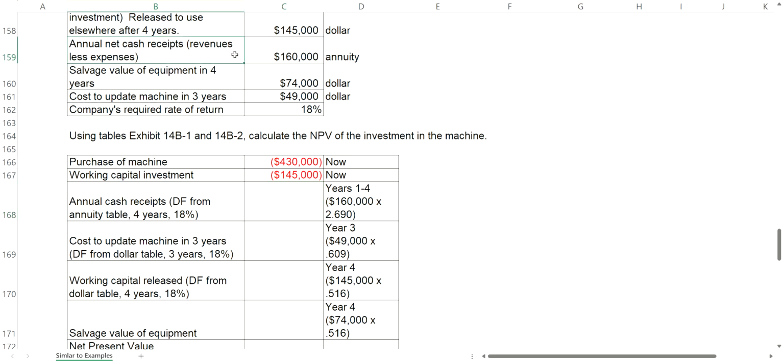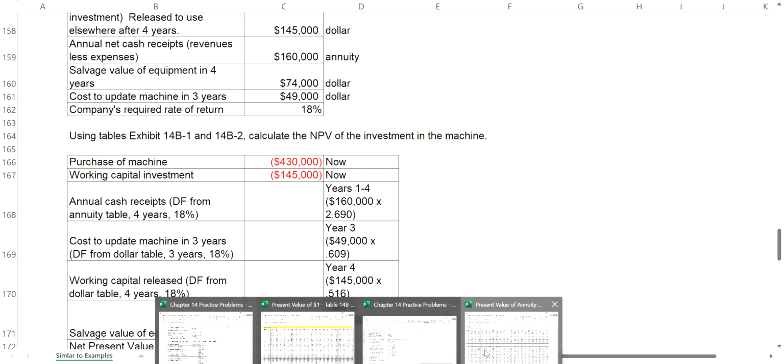Next, let's look at the annual cash receipts of $160,000 per year. Now I said that's an annuity, so we're going to use the annuity table. And again, this is over a 4-year life, so therefore, an 18% required return. I'm going to go to the annuity table, look at the 4-year row, 18% return.